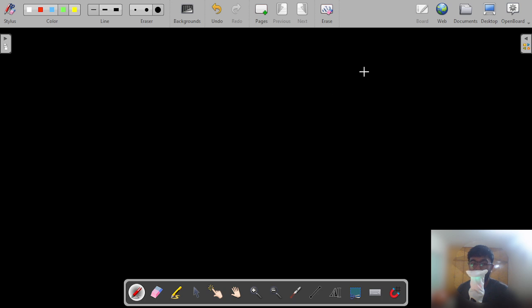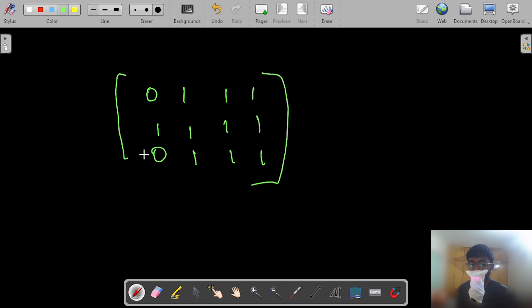So let's say we take this example where we are given 1 1 1 and 1 1 1 1 and 0 1. So let's consider this one. Let's say the first row and first column stay the same because they do not have any. We can just iterate through this row, which has all ones.